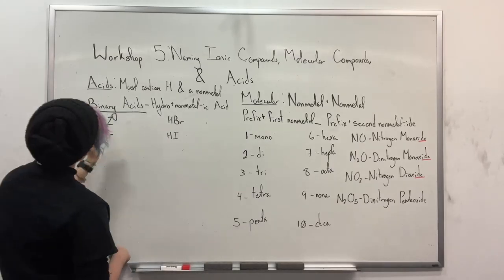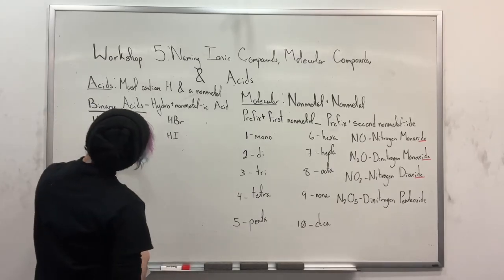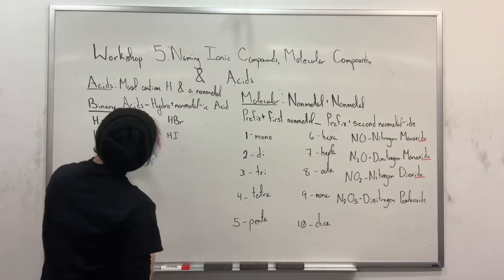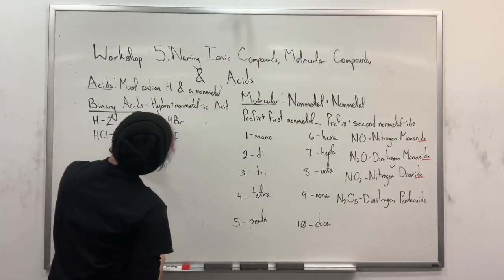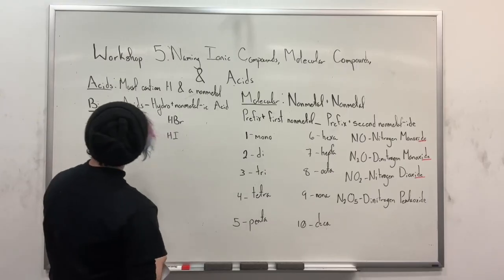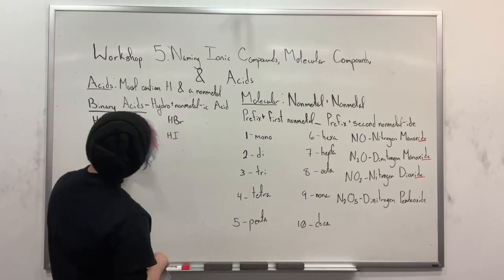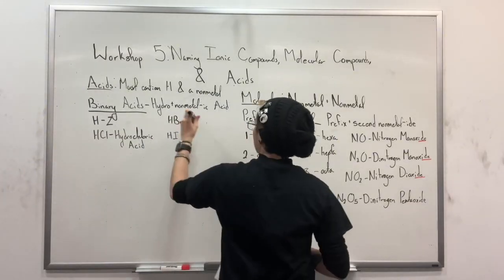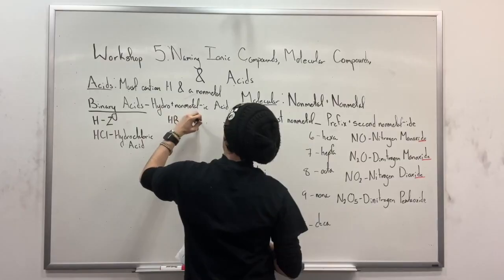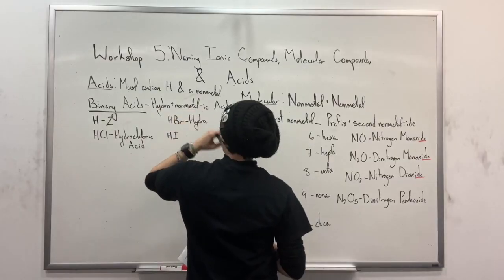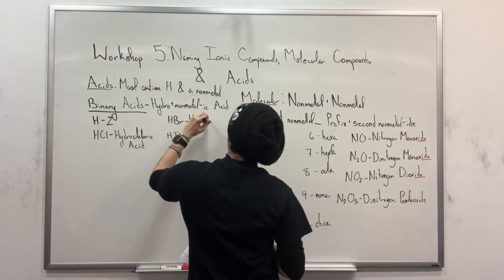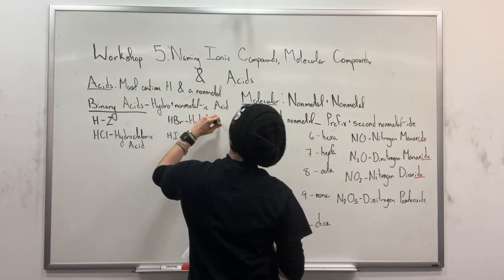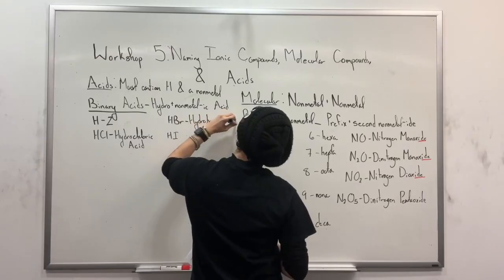And so HCl would be hydro. It's chlorine, so chlor, but instead of chlorine, we're going to put chloric acid. HBr, hydro, bromine, but instead of bromine, it's going to be bromic acid.